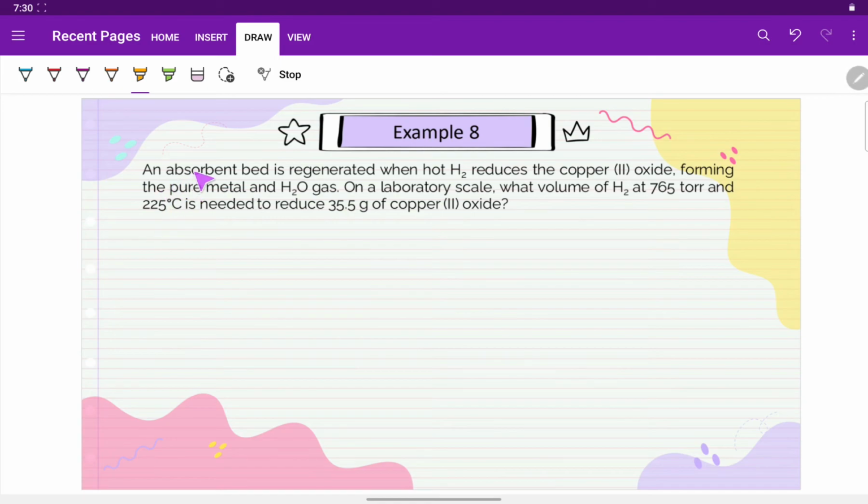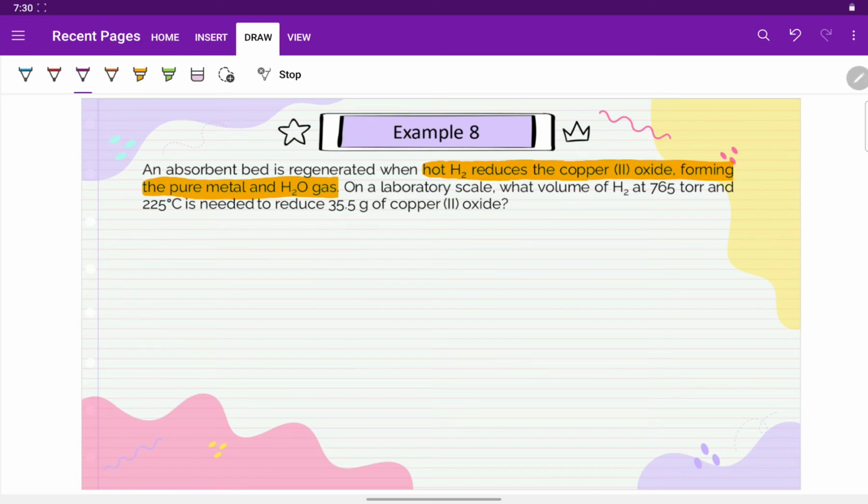Okay, so an absorbent bed is regenerated when hot H2, okay, saya highlightkan, hot H2, hydrogen, reduces the copper to oxide, okay, forming the pure metal and H2O gas. Okay, dekat sini kita ada satu chemical reaction antara hydrogen gas H2 dengan copper to oxide.